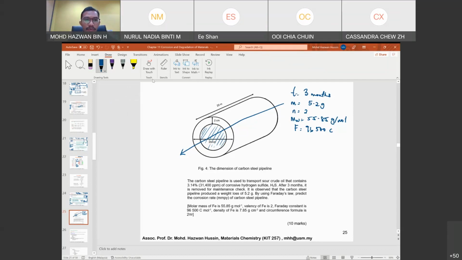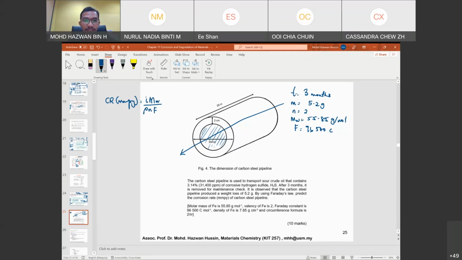So again, what is the corrosion rate formula? Corrosion rate is equal to i multiplied by M divided by rho n F. Small i, small i. M divided by rho n F. Yes, okay.